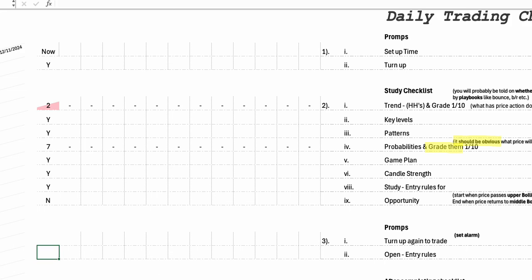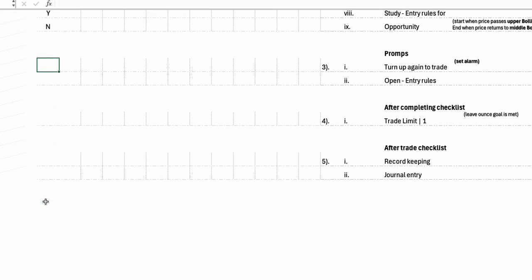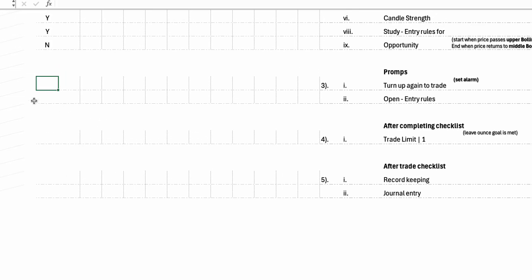Alright, so that's done. Happy with that. Then we'll just turn up at market open and go through the checklist and finish the checklist off. We have to have a little bit of time and see what the market's doing, and which levels it's at, if any at all.